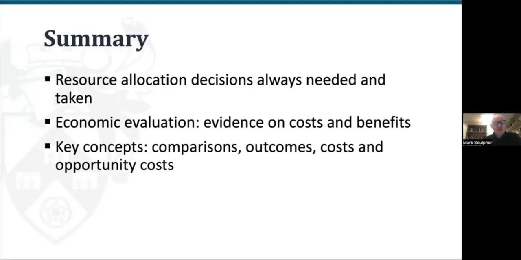An economic evaluation is essentially the set of tools we have available, working very closely with other types of evaluation, particularly clinical evaluation, if we're talking about medical treatment. This is the sort of evidence that healthcare systems need to make better decisions about resource allocation.